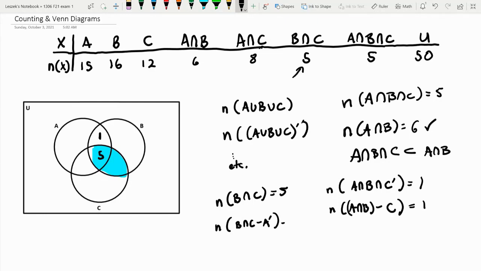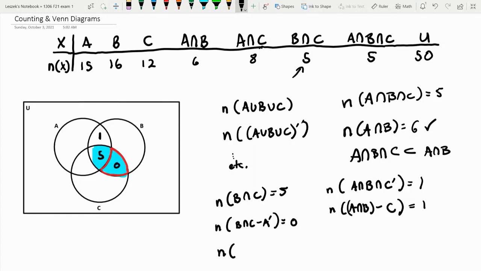We're talking about the intersection of B and C, but outside of A. So we're talking about this, I don't know what that shape is. It's like Star Trek or something. How many elements in that region? 0, exactly, right? Because all 5 are already accounted for in the triple intersection. There's nothing here.